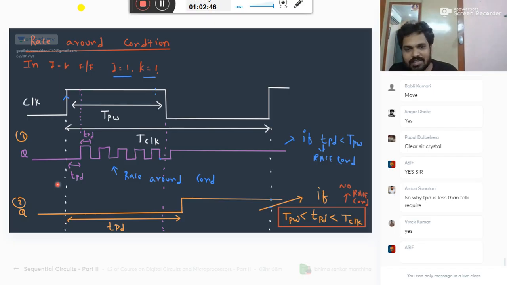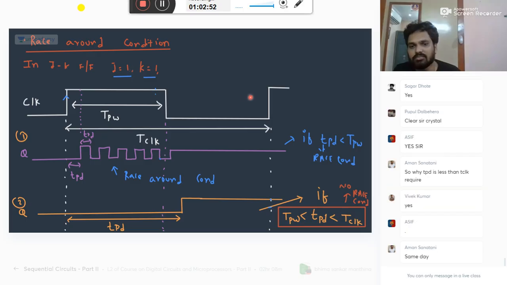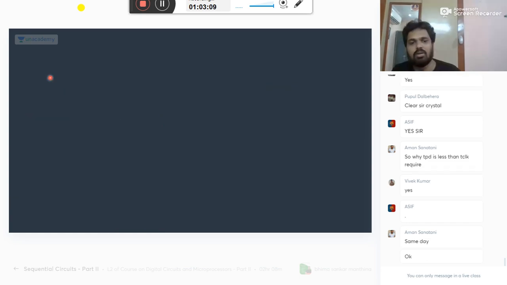You want the output in the same day or for the next day? Our job is for one clock, one output. For one clock, one output is my desirable thing. So when I apply the clock, before applying the next clock pulse, my output should be ready. I should not get this output in the next clock pulse or tomorrow. Very good.